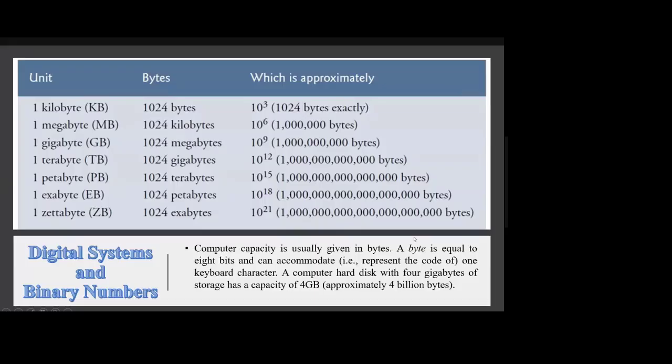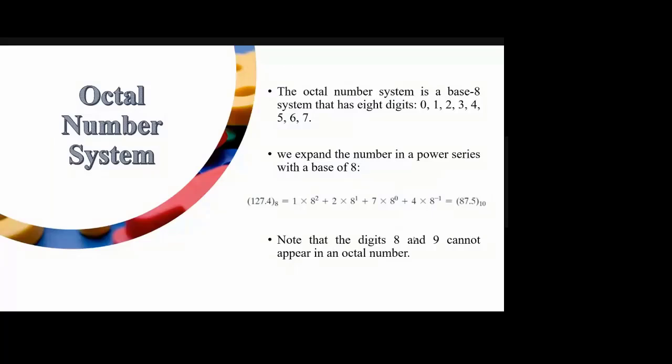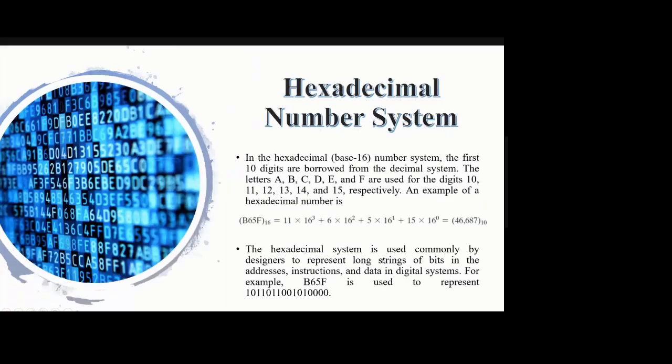Also for the octal number system, we can use 0, 1, 2, 3, 4, 5, 6, 7 for the base of 8, and this is an example. Note that the digits 8 and 9 cannot appear in an octal number. And in the case of the hexadecimal number system, I have written here the letters A, B, C, D, E, and F, which are used for the digits 10, 11, 12, 13, 14, and 15, and I gave an example of a hexadecimal number.